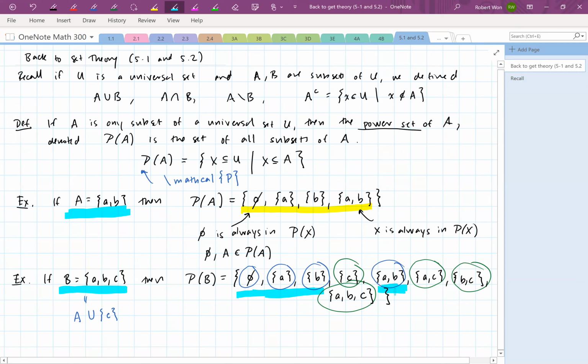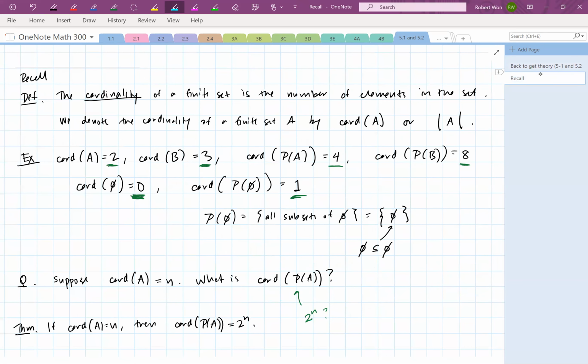There's 2 to the k of the ones that do contain the last element. And so in total, there's 2 to the k plus 2 to the k, which is 2 to the k plus 1. Okay, so I included a proof sketch in the typewritten notes, but you should write it up carefully in your notes. I'll just say by induction. I get to do that because I'm the one lecturing, right?